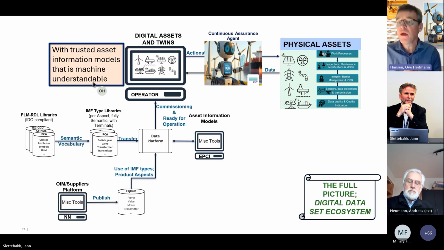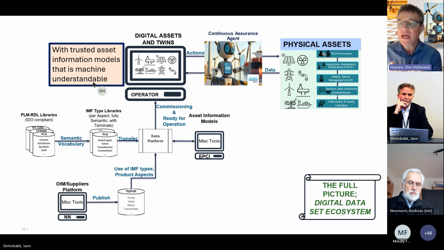We are collecting data on this pump and it degrades over time. It performs less and less, and hence that's the reason why we maybe would like to replace the pump with a newer pump. That functionality that is degrading over time is also data that is fed back to the digital asset information model.